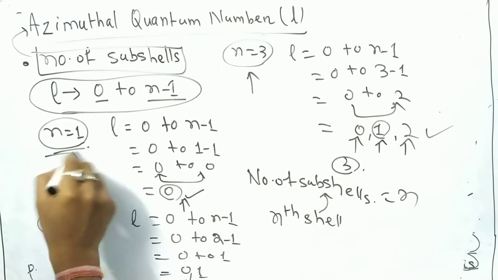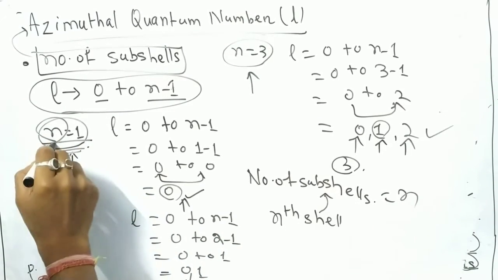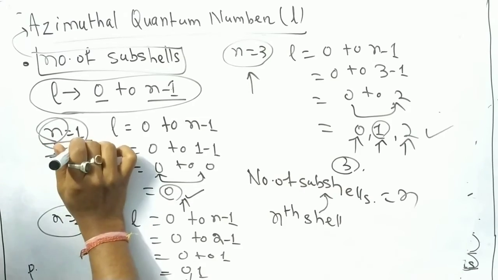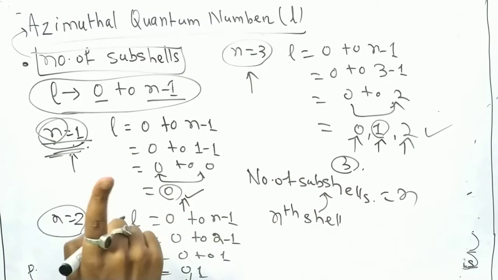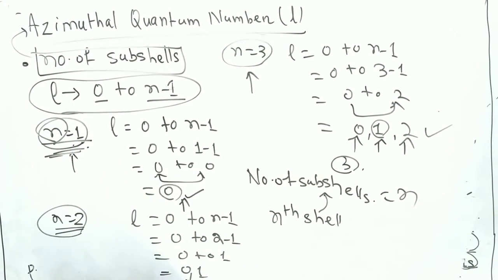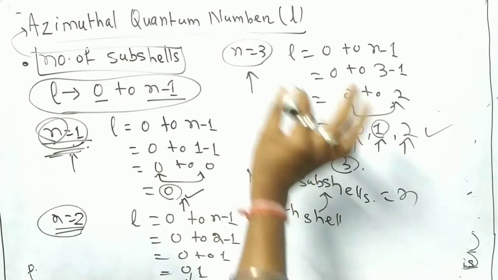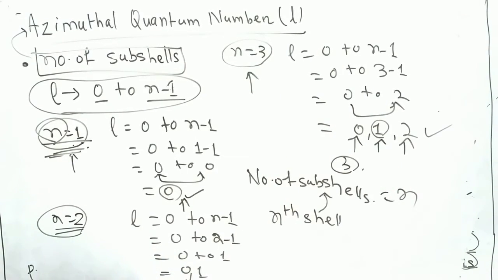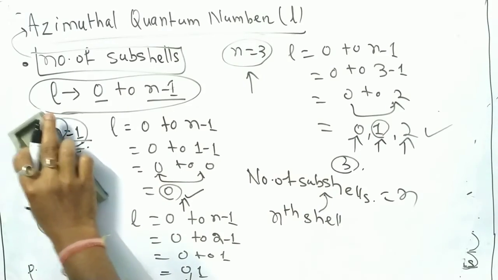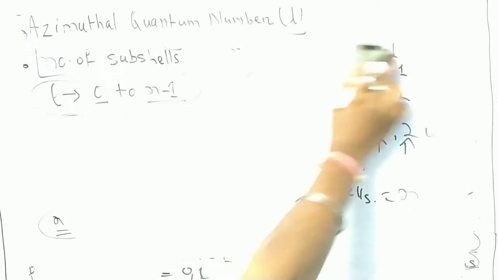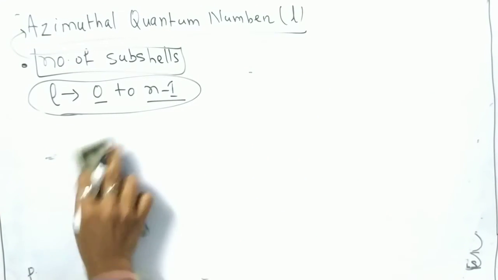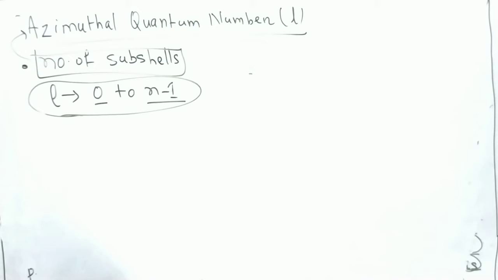For the first shell you have only one subshell. For the second shell you have two subshells. For the third shell you have three subshells. Clear this point?